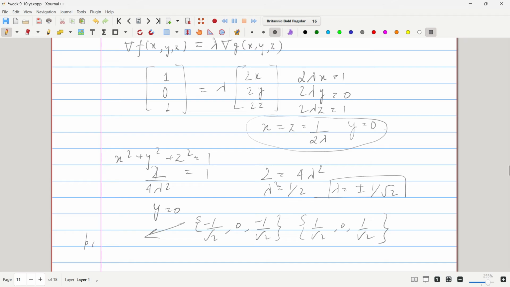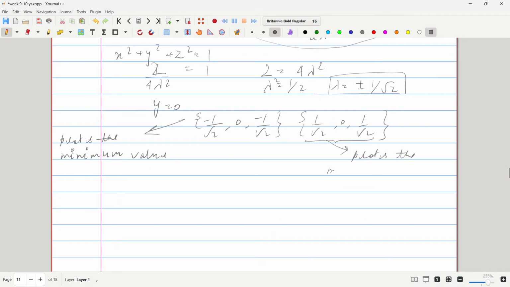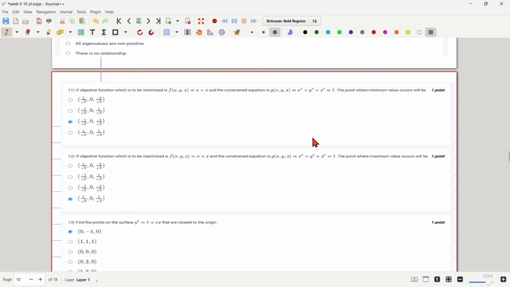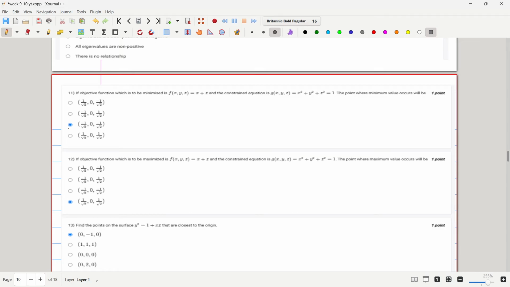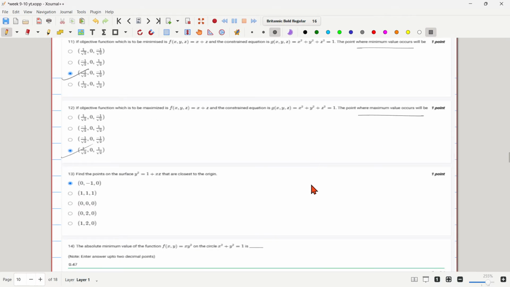So this point gives the minimum value, and this point gives the maximum value. So as you can see from here, minus 1 by root 2, 0, minus 1 by root 2 is where the minimum value occurs. And for the maximum value, 1 by root 2, 0, 1 by root 2.